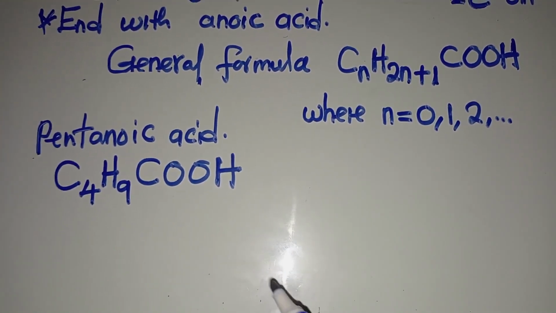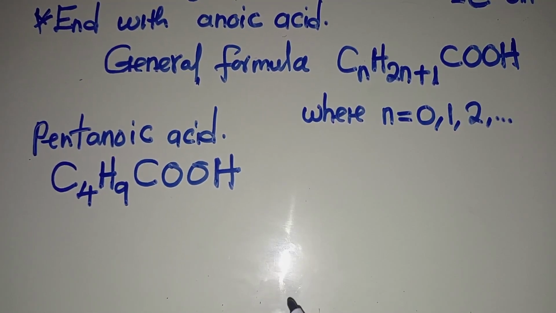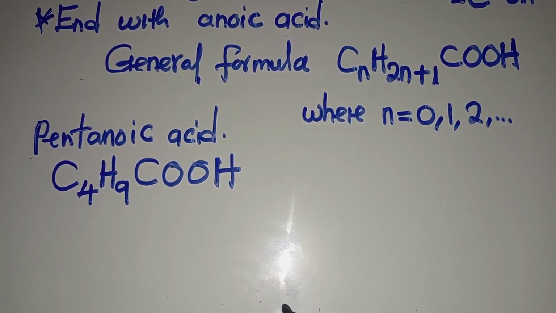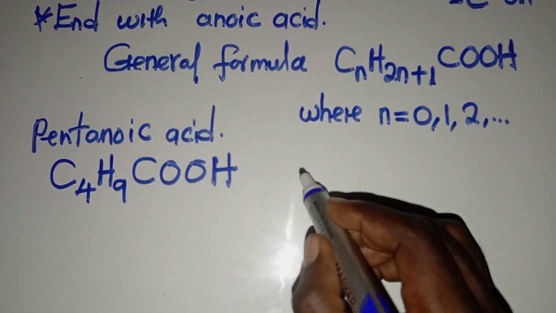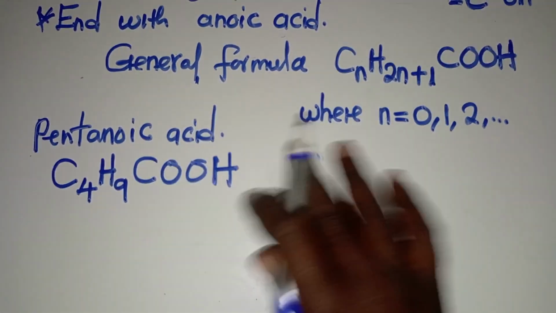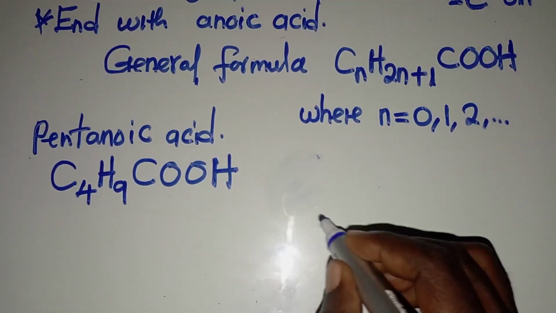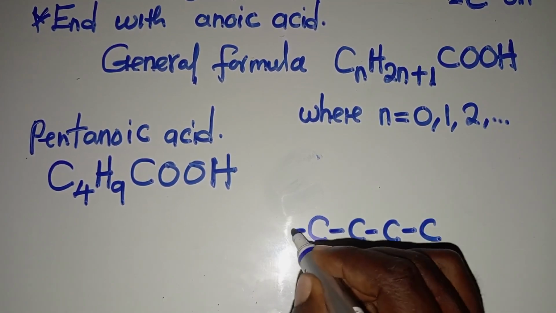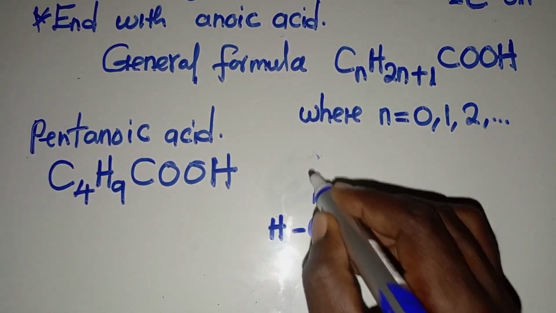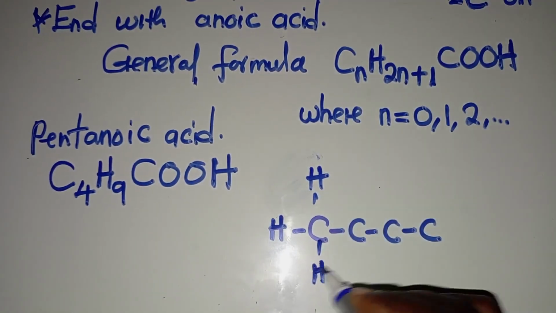I guess you are able to understand. How can you write the structural formula now? So the structural formula, we say C, how many C's are there? 4: 1, 2, 3, 4. I surround them with hydrogens, 9. I start like this, up, down.